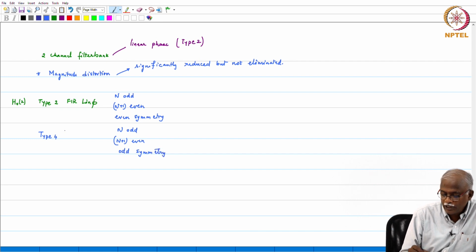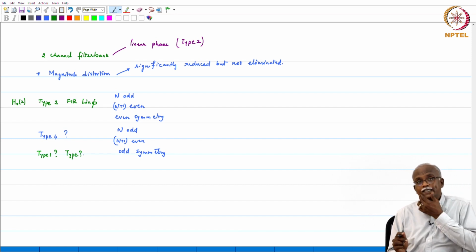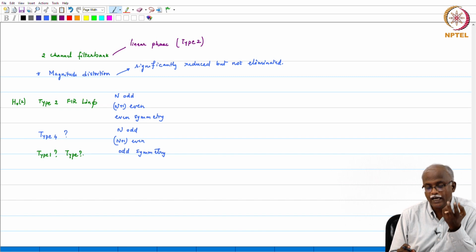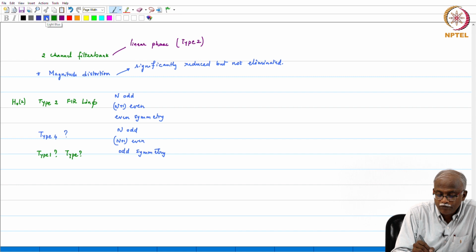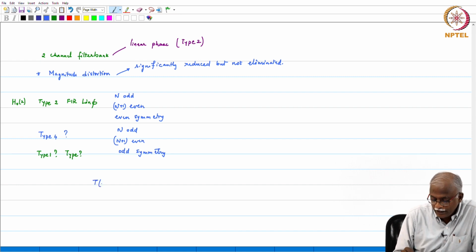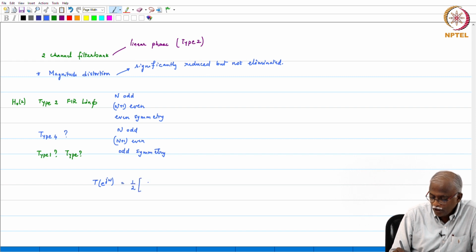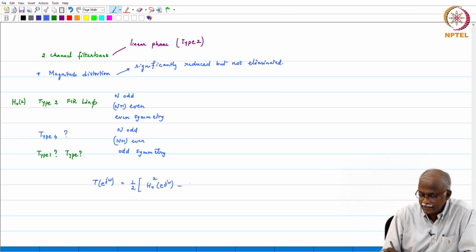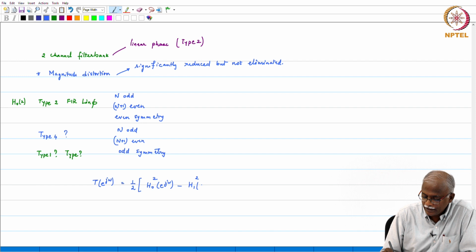Now could type 4 have been used? Why not type 1, type 2? Why not type 1? Why not type 2? Okay, these are very crucial questions in our understanding of the design process. Notice our overall transfer function was of the form T of e to the j omega equal to 1/2 of H0 squared e to the j omega minus H1 squared e to the minus j omega.